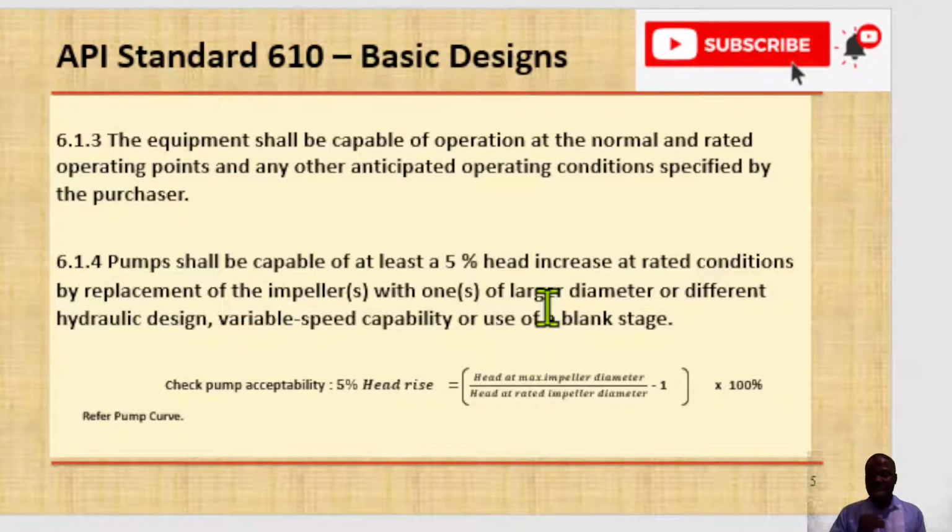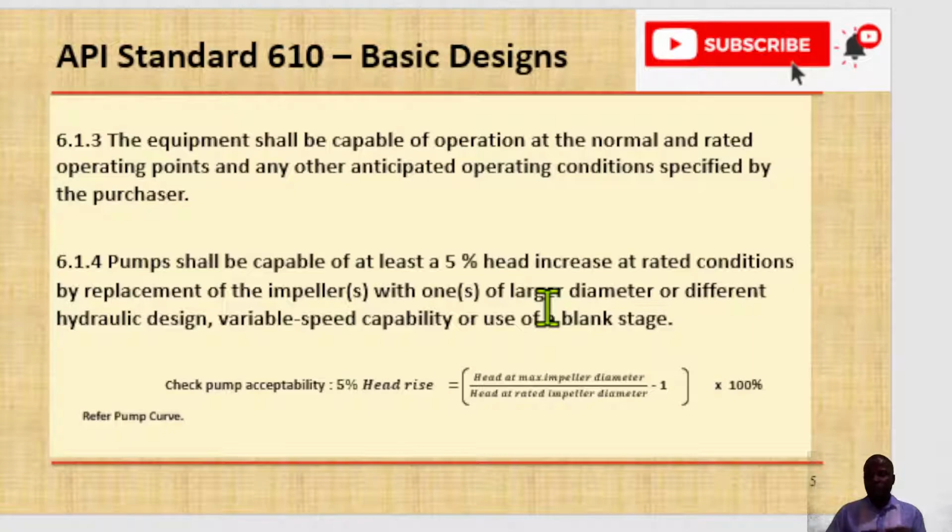Okay, now the next thing is the pumps shall be capable of at least a 5% head increase at rated conditions. This is as per API 610. So these are some of the basic design conditions that govern the design of centrifugal pumps as per API 610.